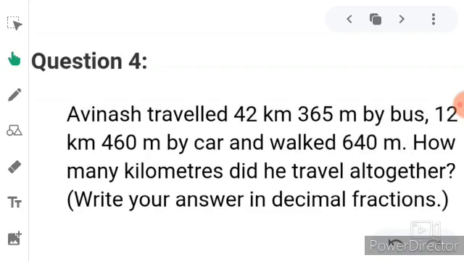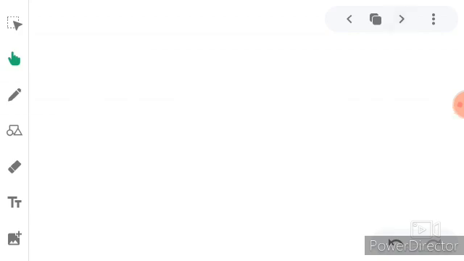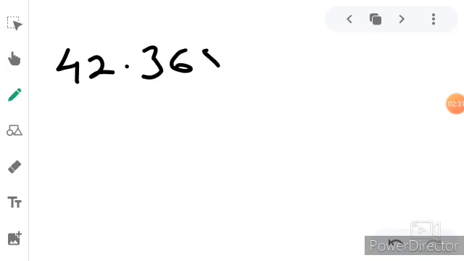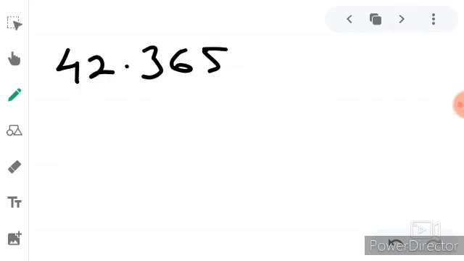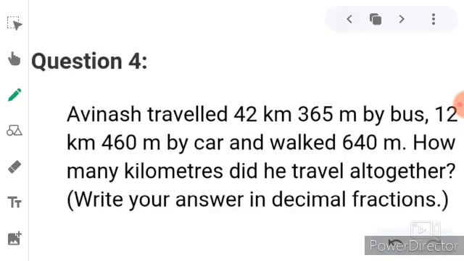So let's solve it. First write down 42 kilometer 365 meters by bus. And 12 kilometer 460 meters by car.